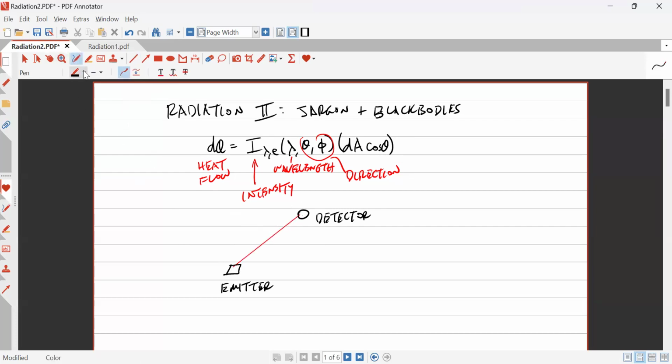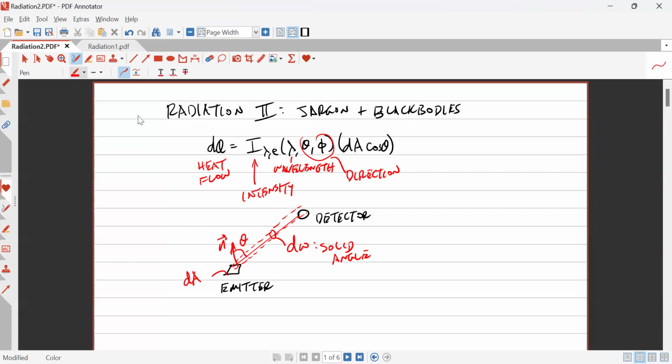I'll do it with my hand. So we fan it out a little bit here. The idea is that this is going to be our solid angle, omega. The normal vector points up. Then this is going to be theta. And the emitter has an area dA.